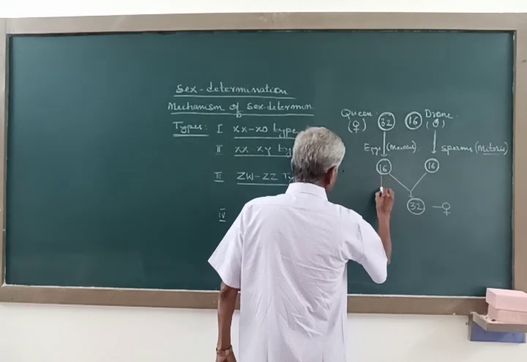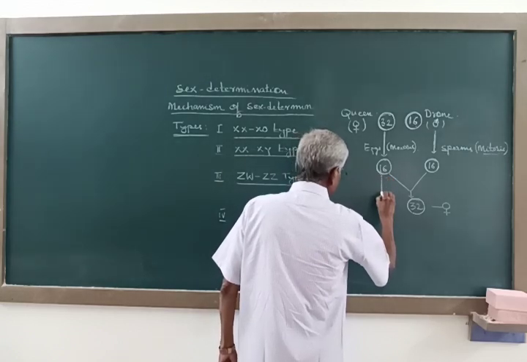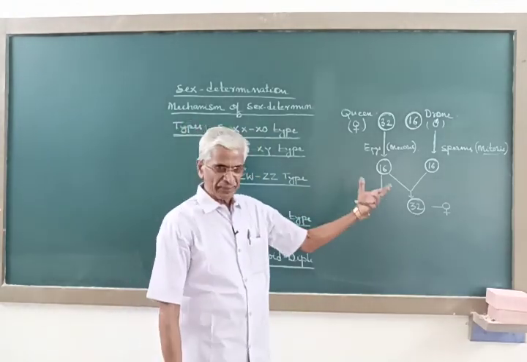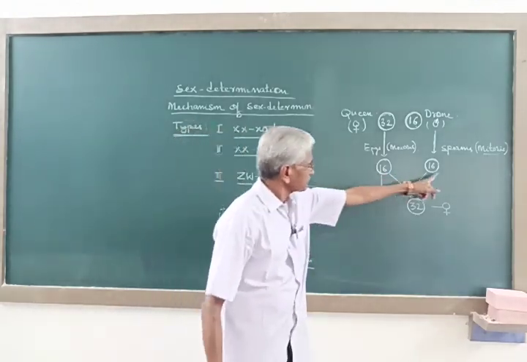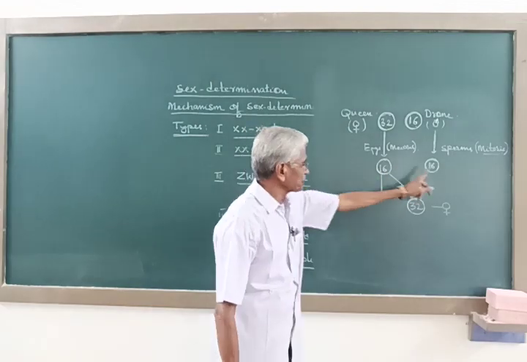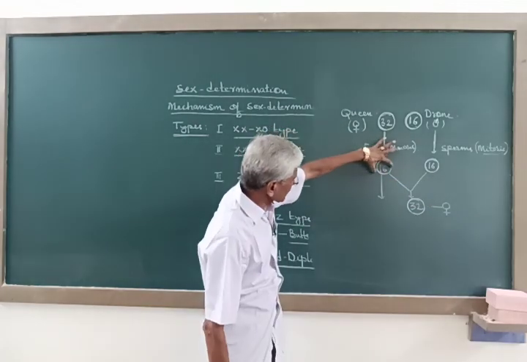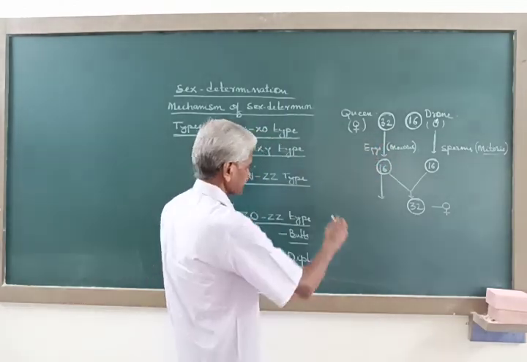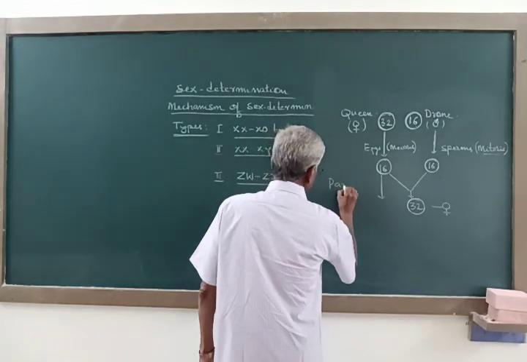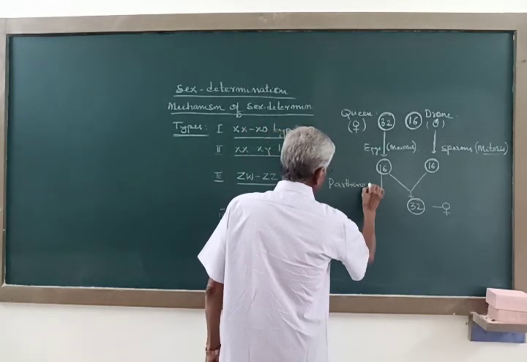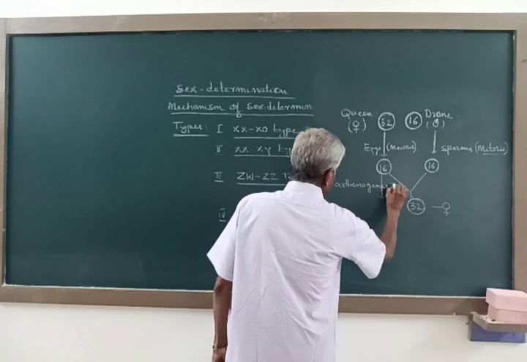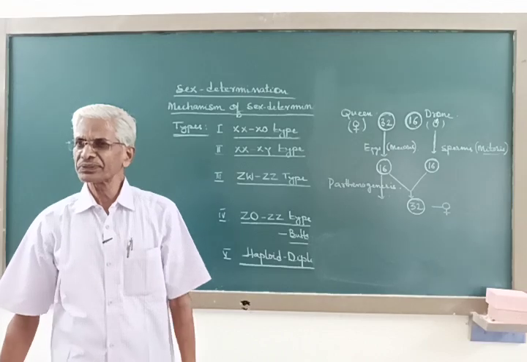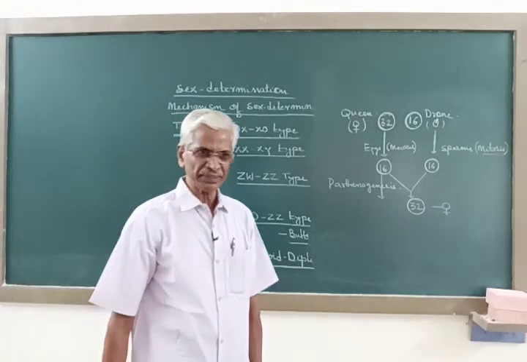Now, often the egg undergoes development without fertilization, without fusing with the sperm. The egg with 16 chromosomes undergoes a type of development called parthenogenesis. What do we mean by parthenogenesis, or parthenogenetic development?